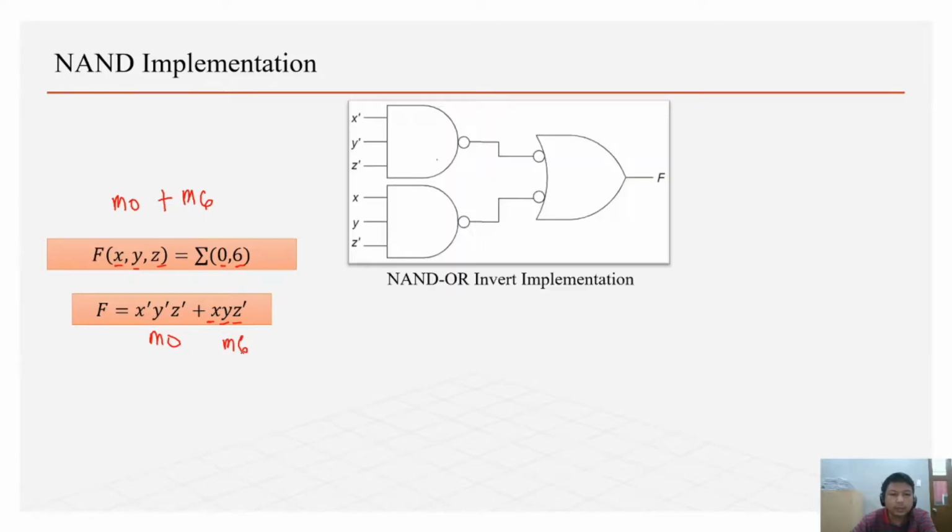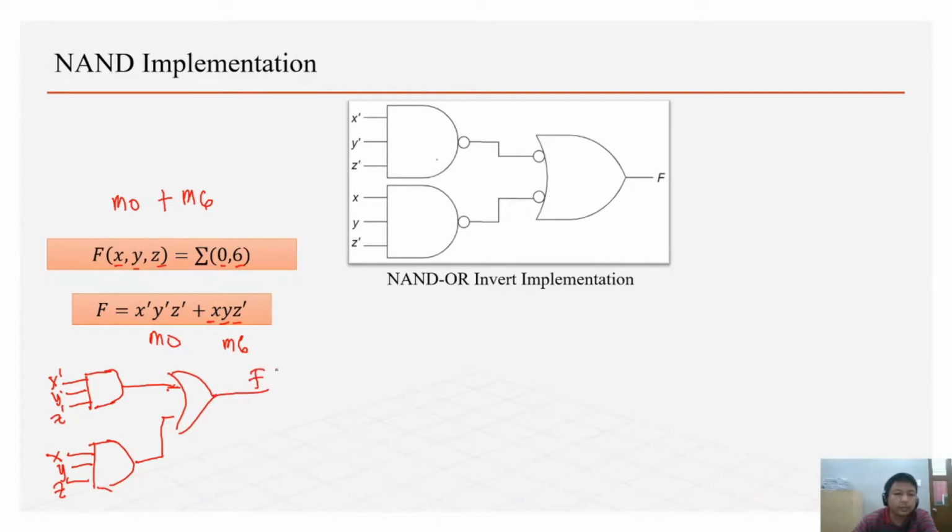And then if we are going to implement it using a NAND or NOR inverter, kung titingnan natin kung paano natin implement using yung standard, meron tayong AND gate dito, that is x prime, y prime, z prime, at meron tayong x, y, and z prime. Then they are ORed together, that is of course f.